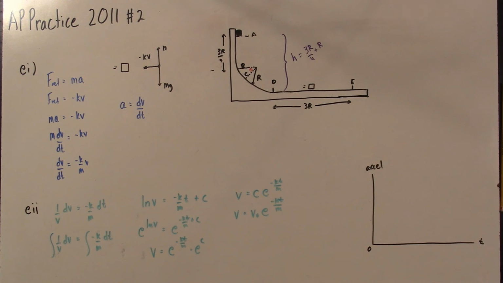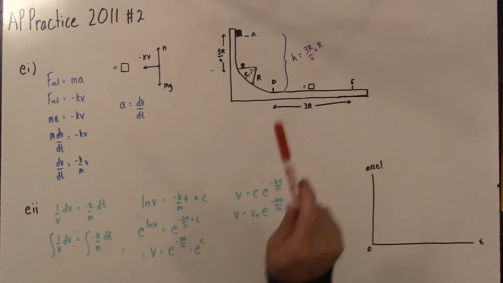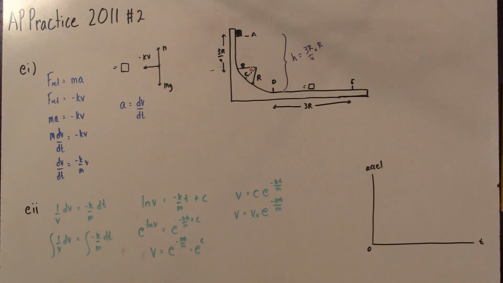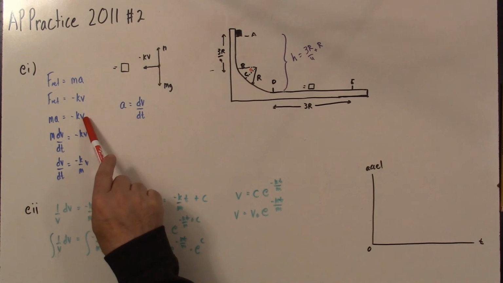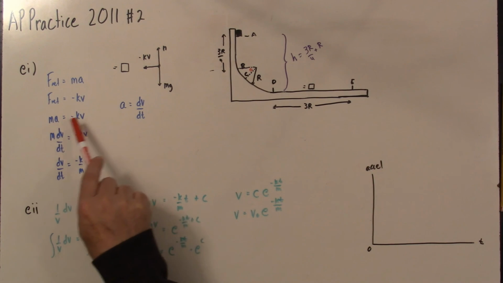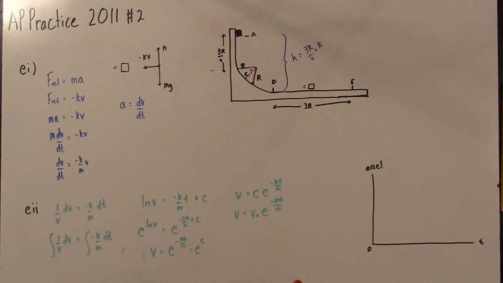So if we go back and look at our initial situation, as it's sliding here, it's slowing down. But what's happening to the acceleration? Well, the acceleration itself is related to the velocity. So as the velocity decreases, the acceleration also decreases.